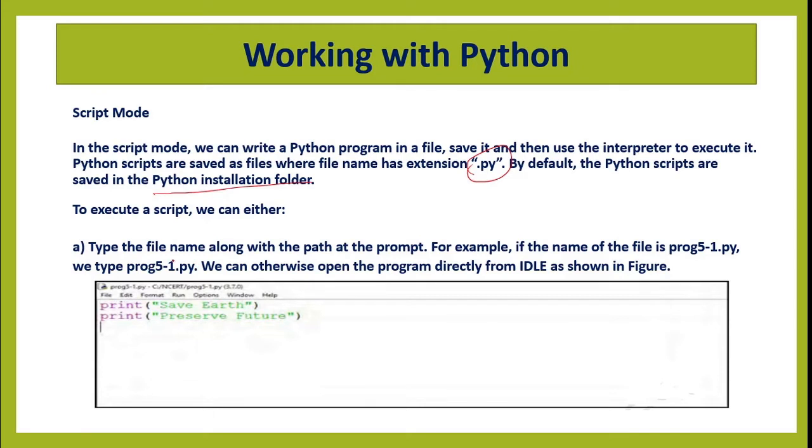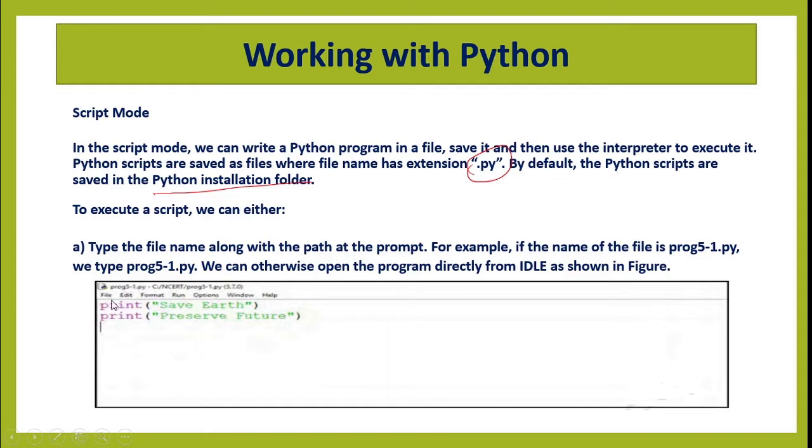See here, type the file name along with the path at the prompt for executing the script. So for example, if the name of the file is prog5-1.py, we type the program name prog5-1.py. We can otherwise open the program directly from IDLE.